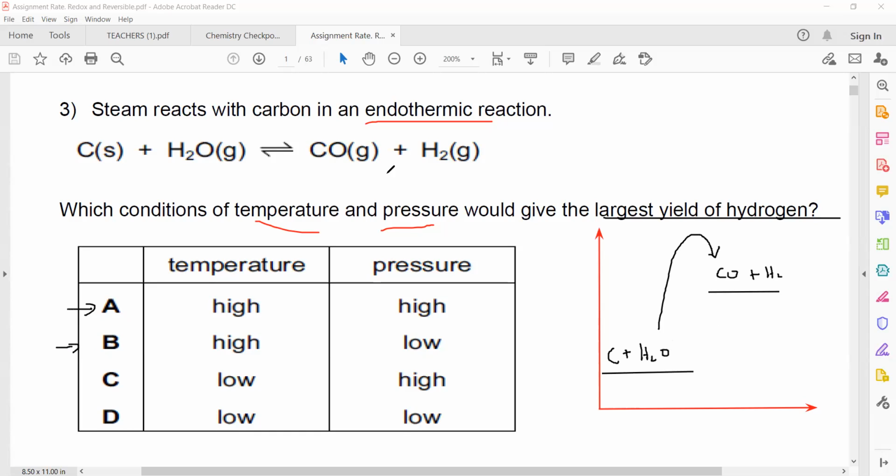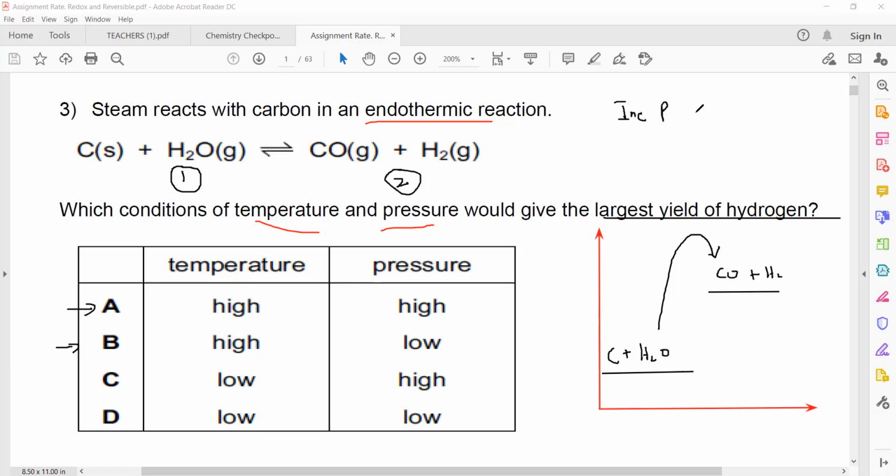Then what about pressure? First, you should check the number of molecules of gas. How many molecules of gas in the reactant side? 1. How many molecules of gas in the product side? 2. So if I increase the pressure, where will the equilibrium shift?